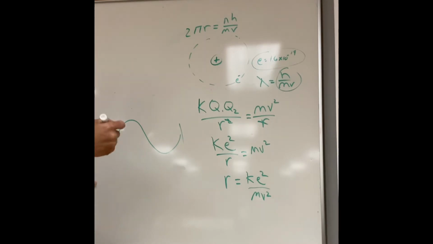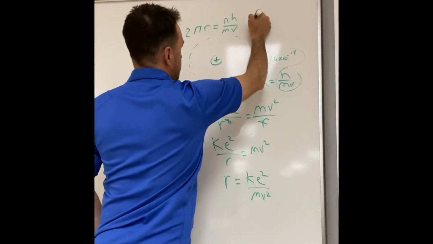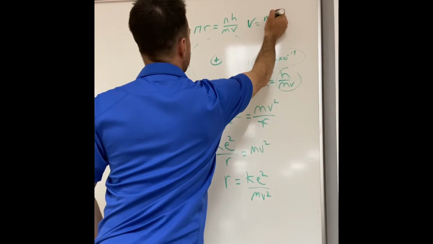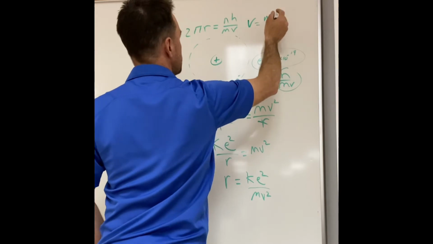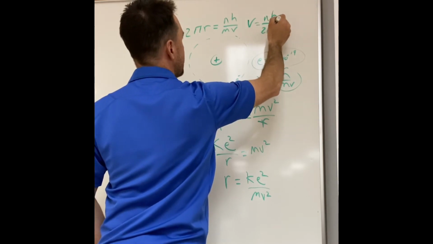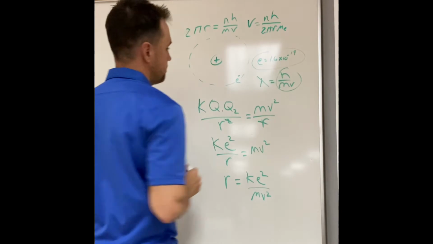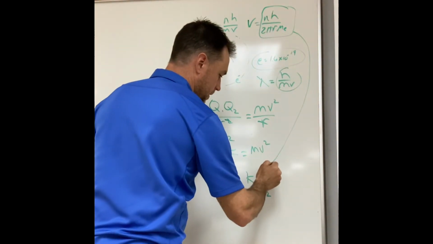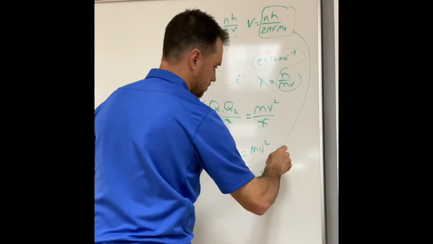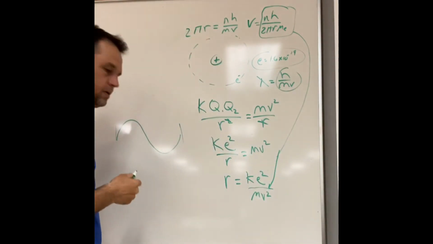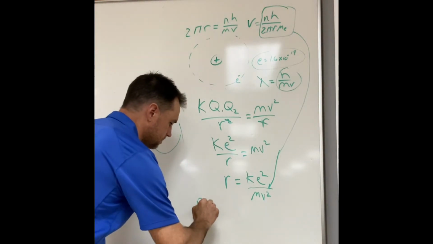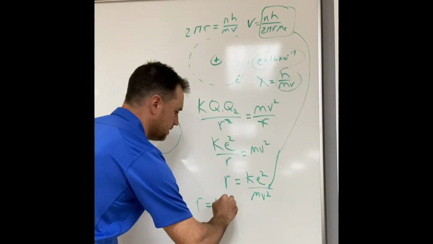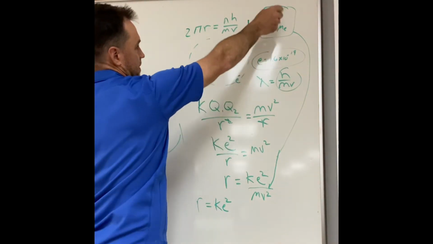So if I solve this for v, I'm going to get n h over 2 pi r times the mass of the electron. That is what Bohr put in for v. So r is going to be equal to k e squared divided by that stuff squared.